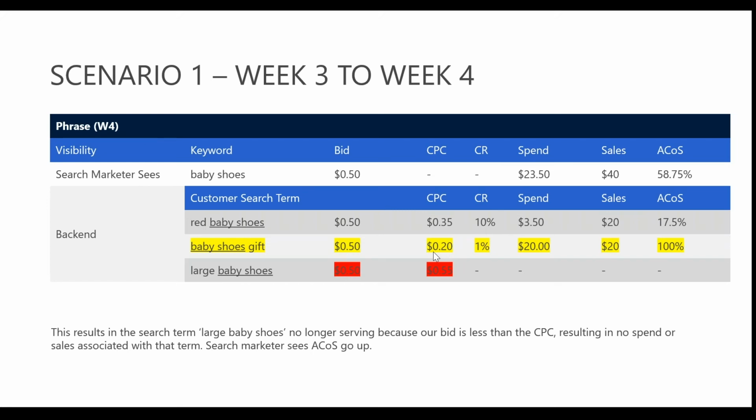So as a result, ACoS goes up even further because they don't have that sale to average it out. So the change in the bid actually resulted in the ACoS going higher. It's also worth noting that the search marketer will see a conversion rate on the top line.